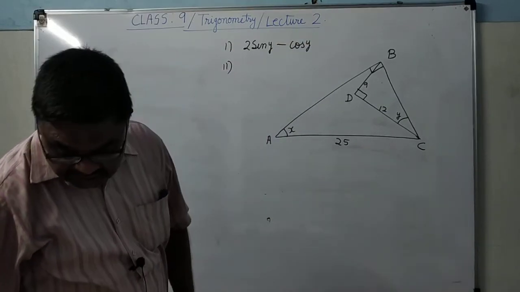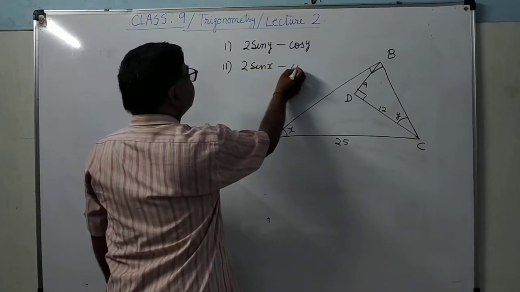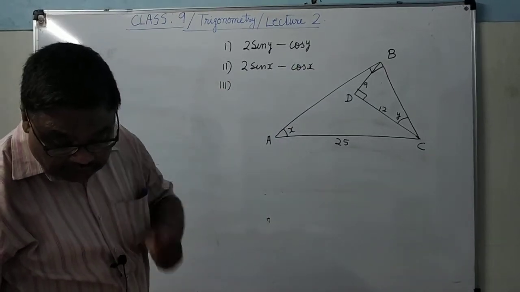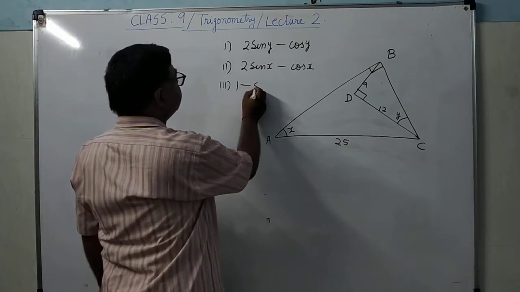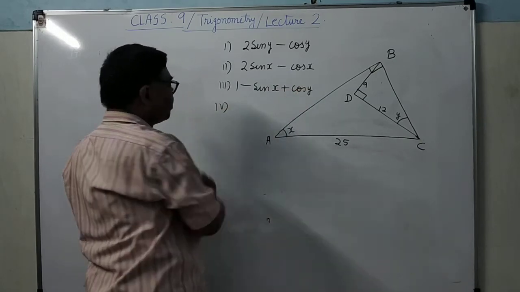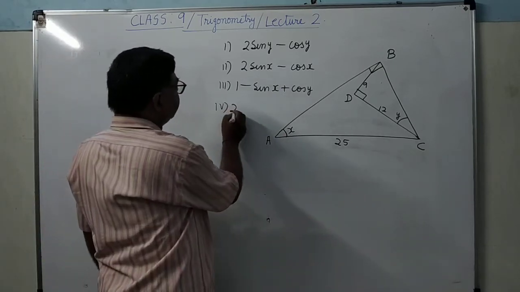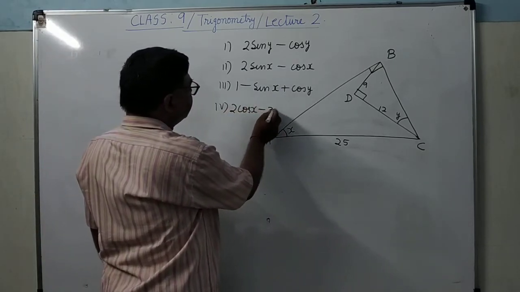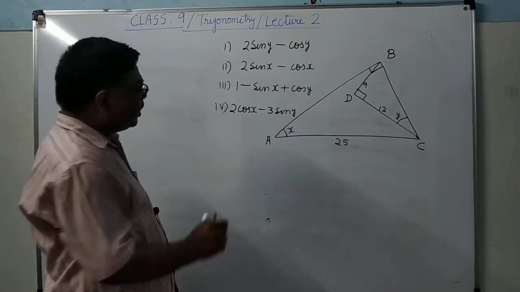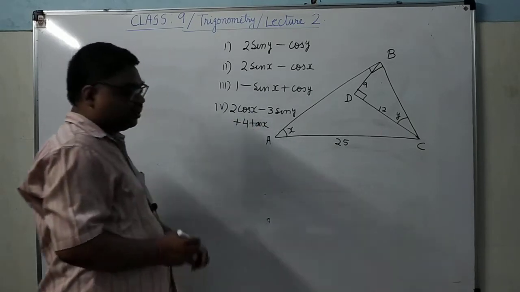Second part is 2 sin X minus cos X. Then third part, 1 minus sin X plus cos Y. And the fourth part is 2 cos X minus 3 sin Y plus 4 tan X. These 4 parts you have to determine.